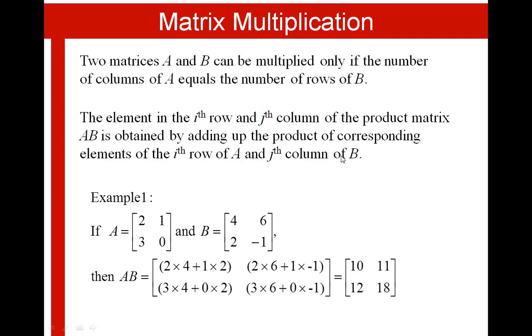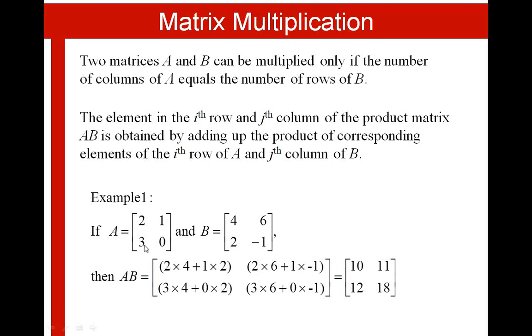Example, if we have two 2 by 2 matrices A and B, the product matrix AB becomes a 2 by 2 matrix. And how is this obtained? By taking the first row of A and multiplying it times the first column. So 2 times 4 plus 1 times 2 is obtained here. Then 2 times 6 plus 1 times minus 1 gives us the element here.